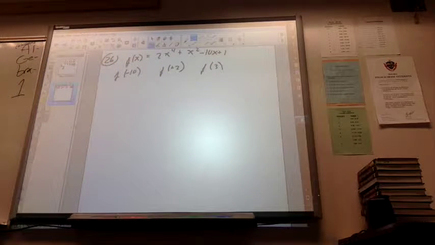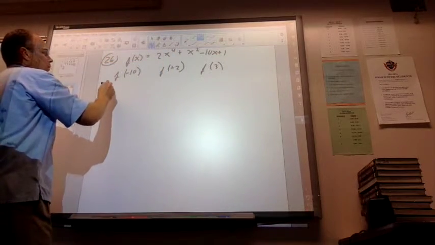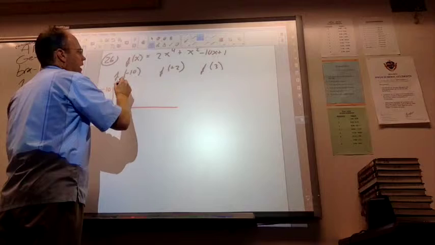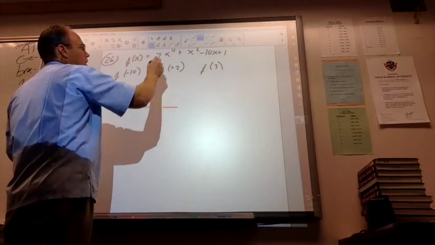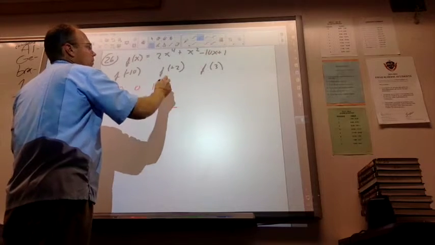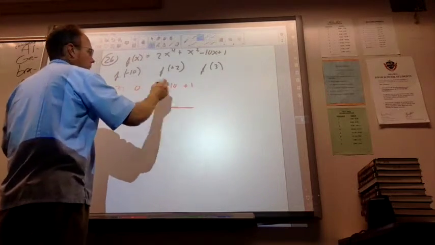Okay? So let's use synthetic division on this. I'm going to use synthetic division with -10 first. So I have 2. I don't have a third term, so I'm going to put a 0 as a placeholder. 1x squared, minus 10, plus 1.